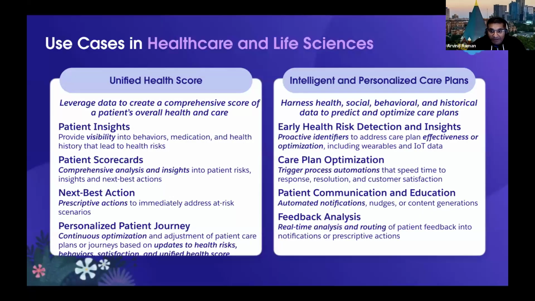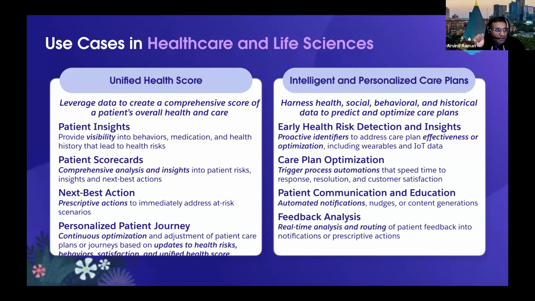Another is healthcare and life sciences. For those who may have worked with Health Cloud, Health Cloud creates something called the Unified Health Score, and that is powered by Data Cloud. We leverage the data to create a very comprehensive score of a patient's overall health.